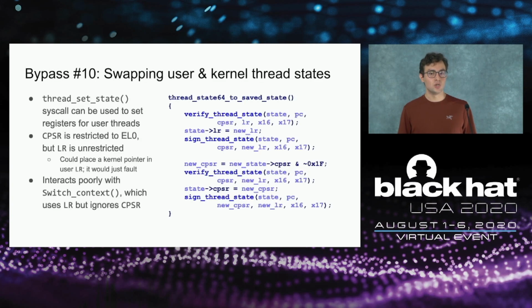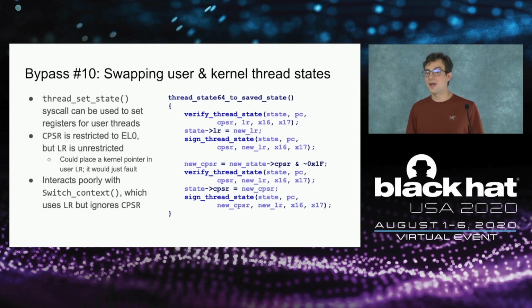This actually brought me to what I think is the coolest PAC bypass of all, because it was the one that was staring me in the face the whole time, which is when you swap user and kernel thread states. If you remember from before, there is this function, system call thread set state, which basically allows a process to set the registers in a user space thread.